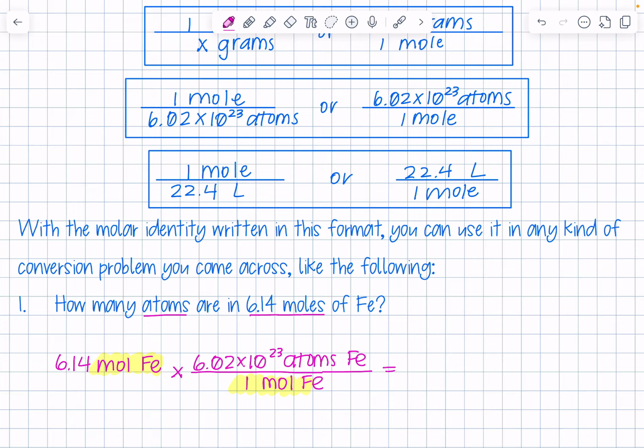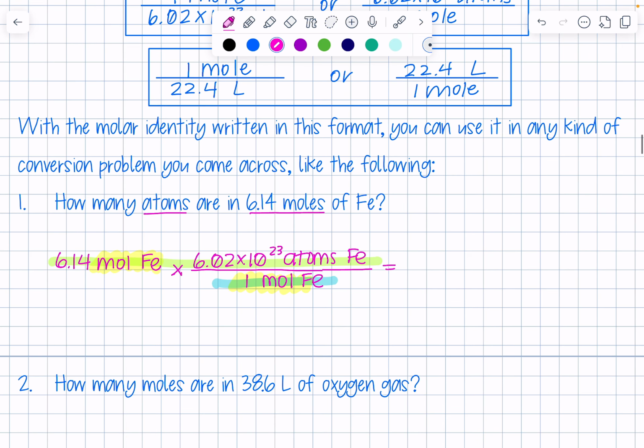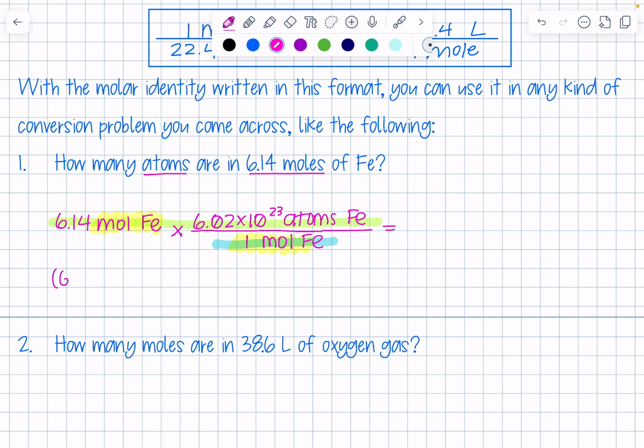And then I just plug it into my calculator. A reminder about how to plug in a calculator like this: everything across the top goes in one set of parentheses, everything on the bottom, and divide. What that would look like in a calculator would be 6.14 times 6.02 times 10 to the 23rd.